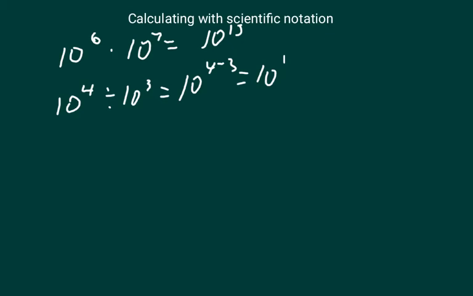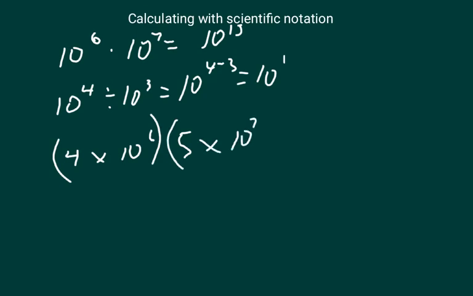We have 4 times 10. I'm just going to use these examples. 4 times 10 to the 6th multiplied by 5 times 10 to the 7th. And this notation means take this stuff here, multiply by everything here.